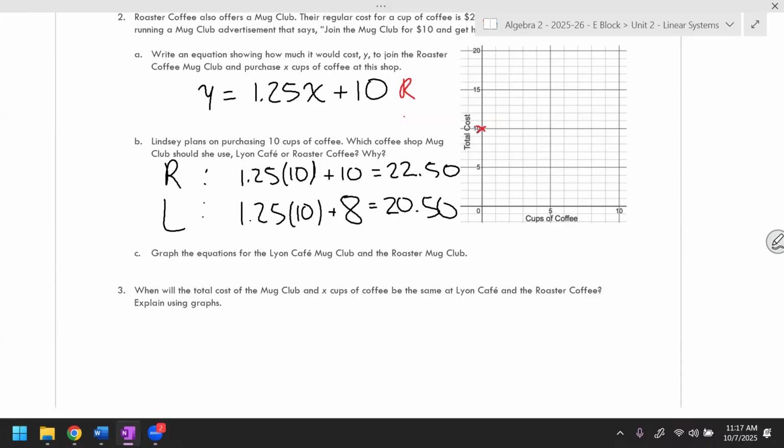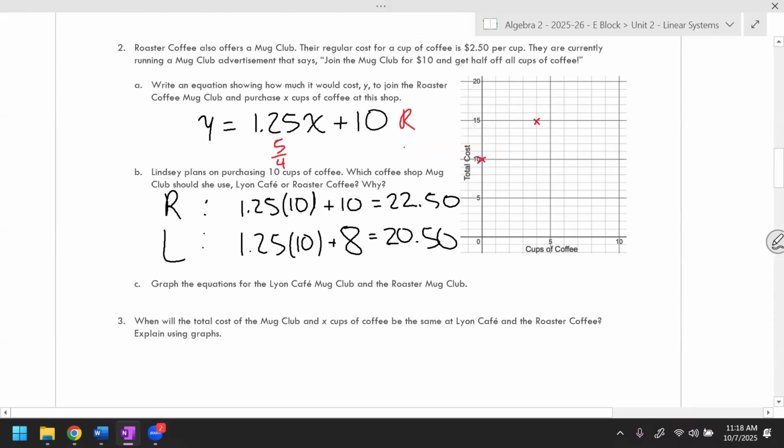Right, 1.25, which I'll note is actually equal to 5 over 4. So let's rise 5 and run 4. Right, 5 over 4 is 1.25. Rise 5, run 4. $15 for 4 cups of coffee. Rise 5, run 4. $20 for 8 cups of coffee. Okay, that's better. So that's for Roaster.